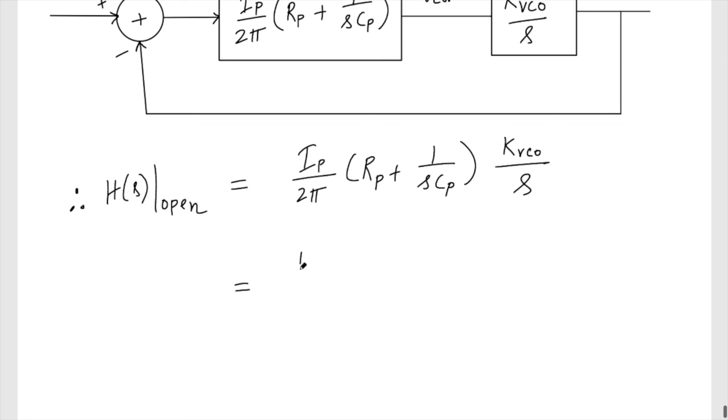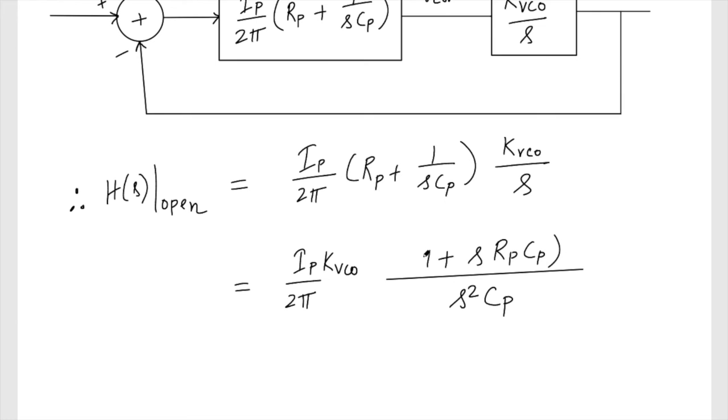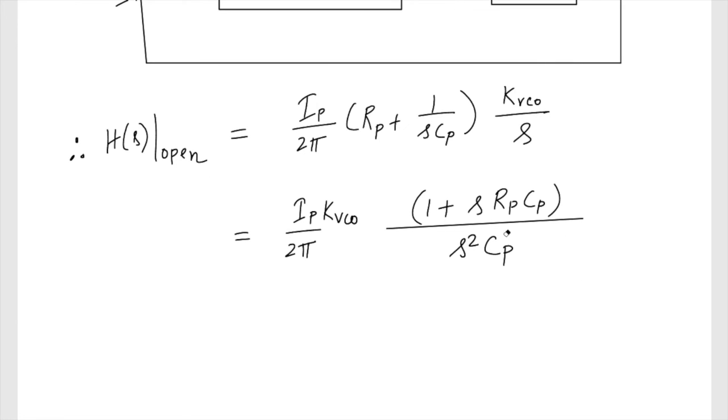So what we have is the IP by 2 pi, of course the KVCO we can bring it here, and the expression becomes S square CP, and here we are going to have S into RP CP, or we can just write the CP here as well.